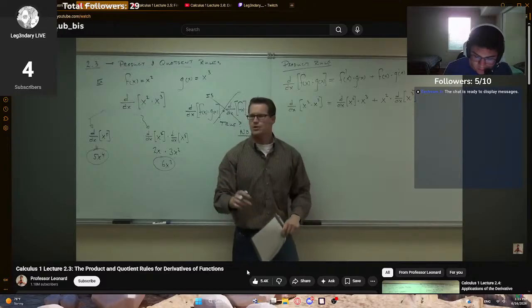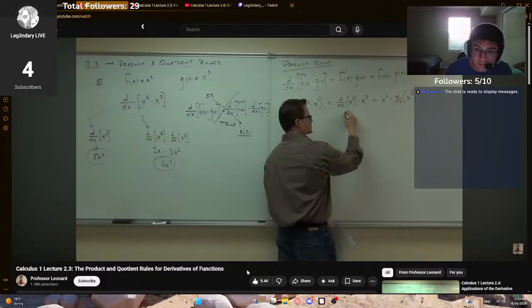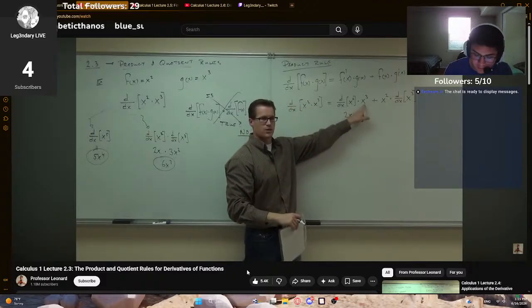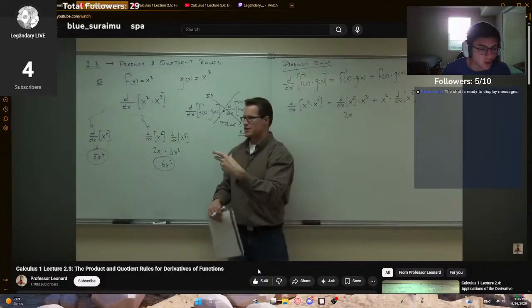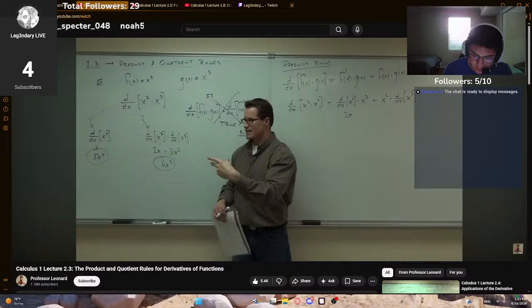Let's see if it works. What's the derivative of x squared? So this becomes 2x. Ladies and gentlemen, do I need to take the derivative of x cubed in this case right here? You follow the dx. That's why I like the d. It avoids just writing things down and not thinking.